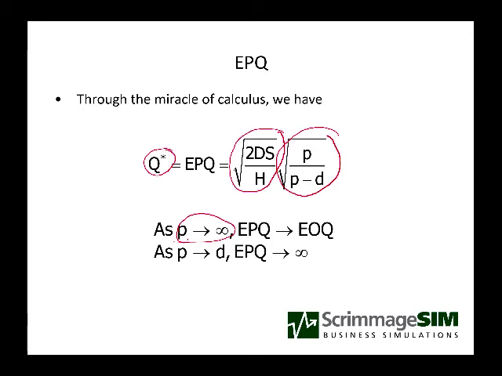It's different than if you only have $10 and somebody wants one of them. So as the production rate gets to be infinity, the difference between this and the production rate minus the demand rate is negligible, and the EPQ is just the EOQ formula. That makes sense. If the production rate is infinite, this is like a Star Trek replicator. This is like ordering it and it shows up immediately. We really don't have a ramp up of inventory. So the equation makes sense in this case.